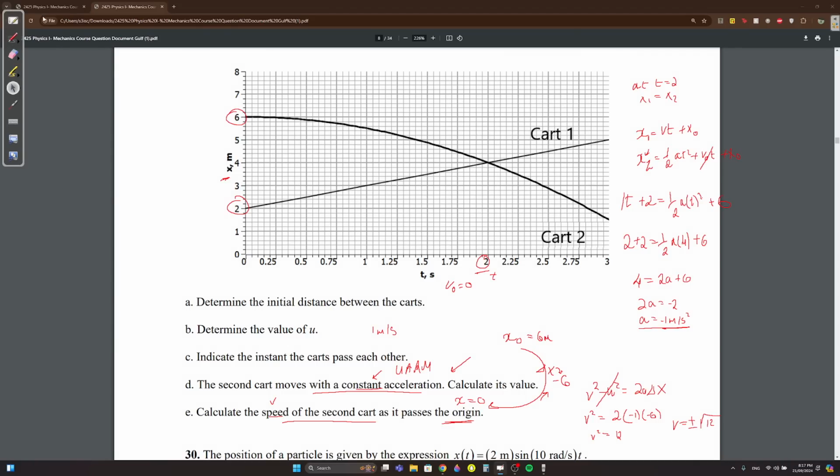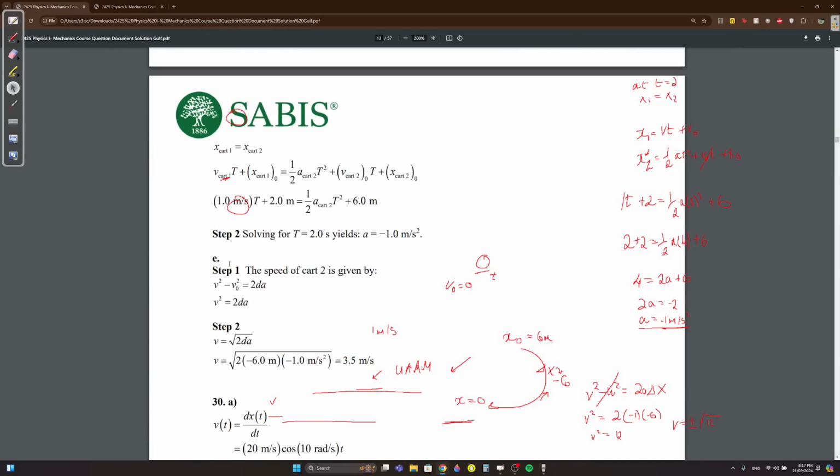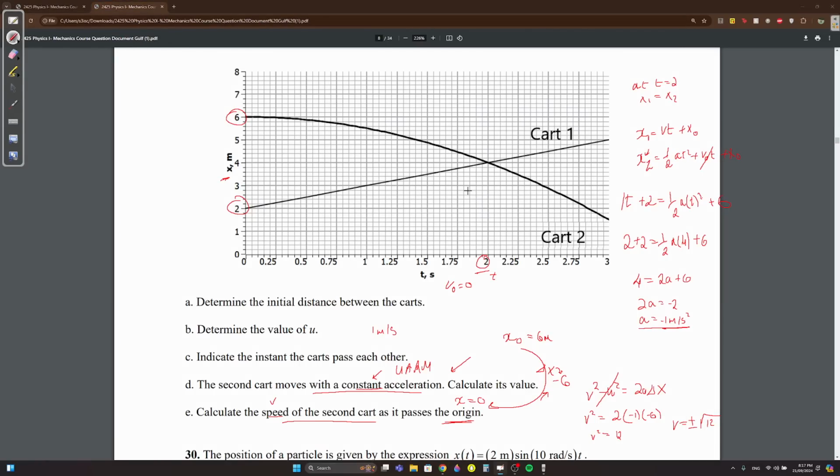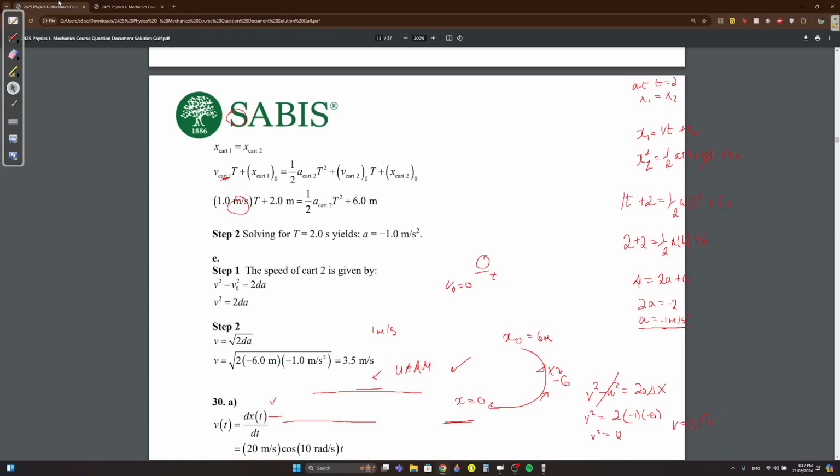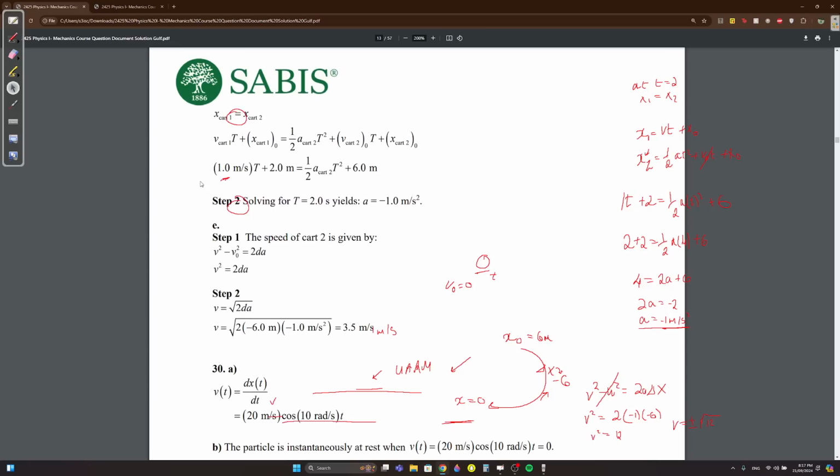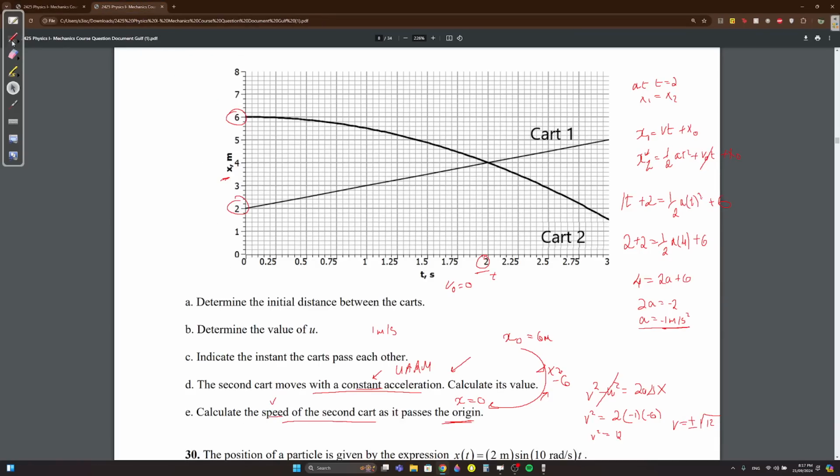Is this how they solved it? Oh, they kept it positive? Why is it positive? It should be plus minus. Yeah, I think it should be plus minus.